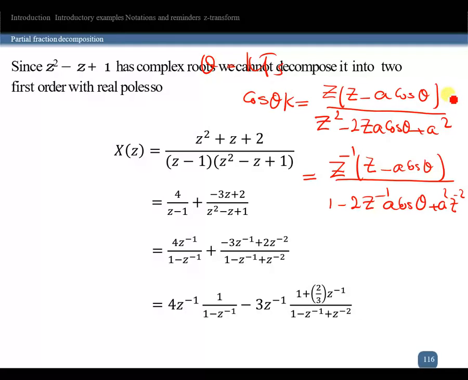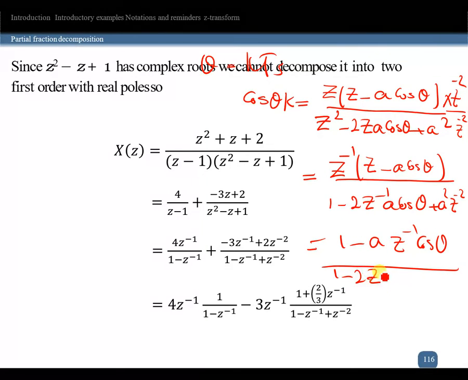How can I come here? Denominator multiply by z⁻², and here will be 1 − a z⁻¹ cos θ, and the denominator is the same as here, 1 − 2z⁻¹ a cos θ + a² z⁻². For the sine it will be the same thing.